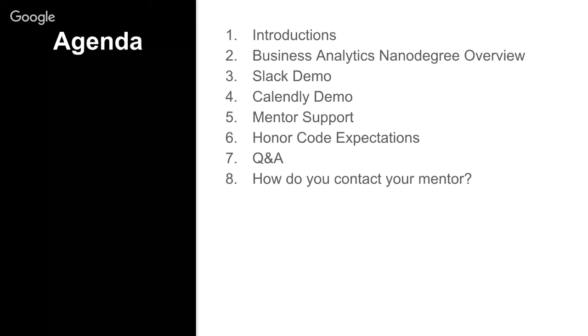Then we'll briefly discuss the honor code expectations from the students in the nanodegree program. If you have any questions for me, we'll have a Q&A session. And then I'll also let you know how you can contact me, like how you can book a one-on-one session with me on Calendly, or how you can reach out to me on Slack. So this is the agenda we have for today.